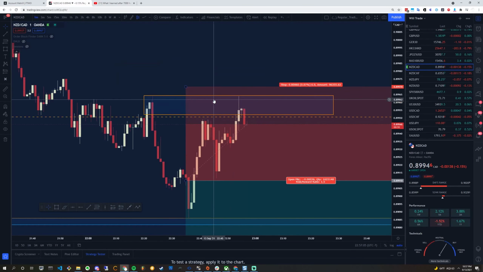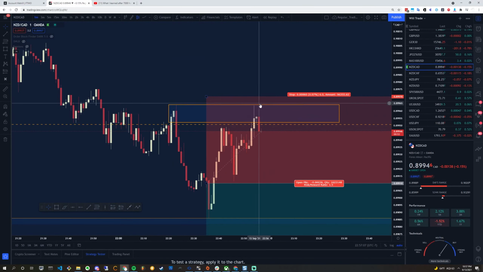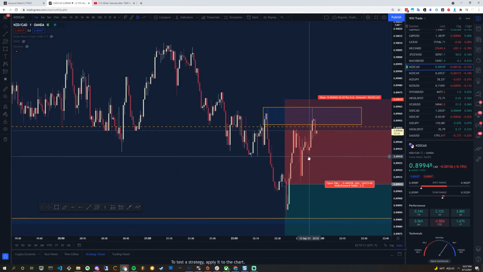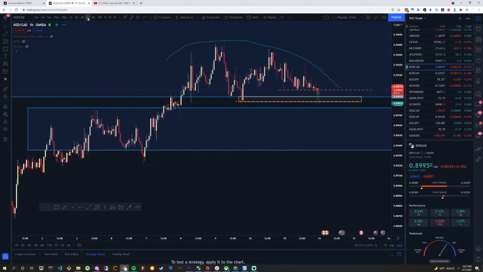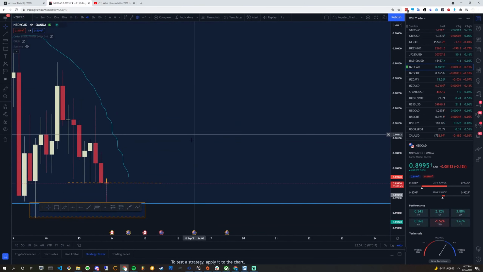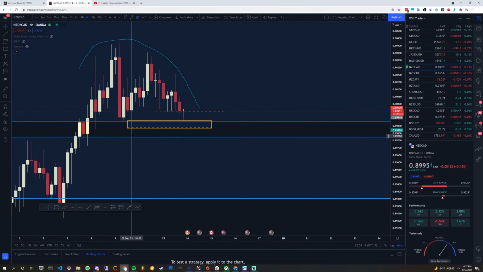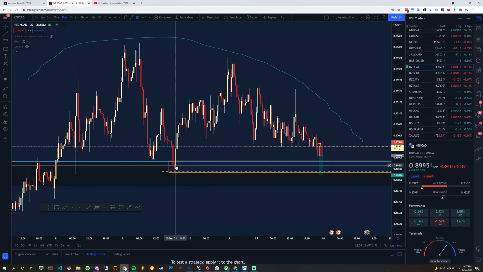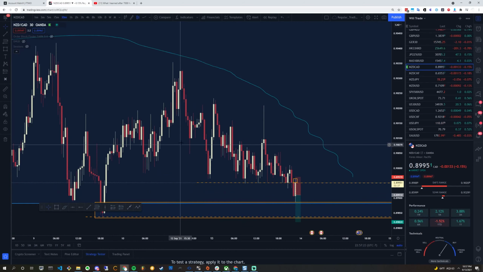Win, lose, or draw, selling that low right there was wrong, especially because we saw that order block. After we saw the order block, we should have just been like, all right, I want to get out of the trade. A 30-minute order, once we saw Big Daddy there, we should have been like, nah, I'm good, I'm cool, and got out of the trade.